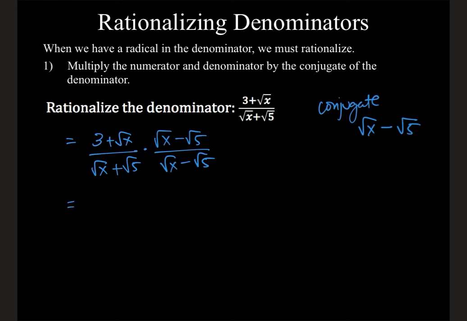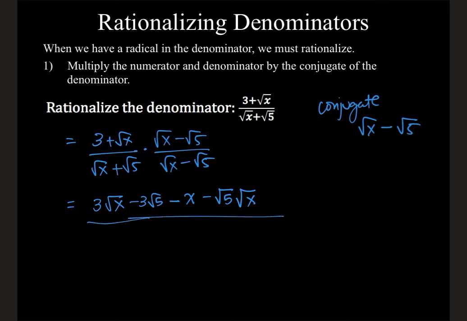This leaves me with 3 root x first, outside, minus 3 root 5, I mean, inside, plus root x times root x is just x. Root x times negative root 5 is going to be negative root 5 root x.